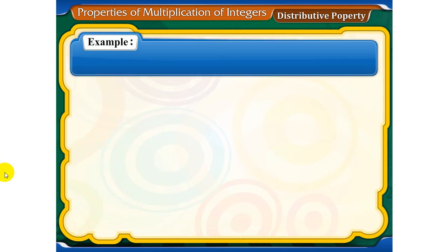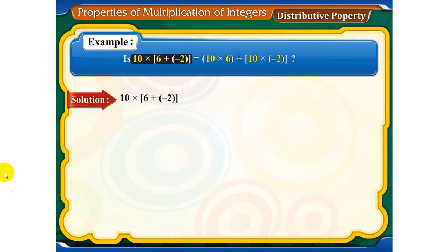For example, is 10 multiplied by (6 plus negative 2) equal to 10 multiplied by 6 plus 10 multiplied by negative 2? Solution. 10 multiplied by (6 plus negative 2) is equal to 10 multiplied by 4, which is equal to 40.